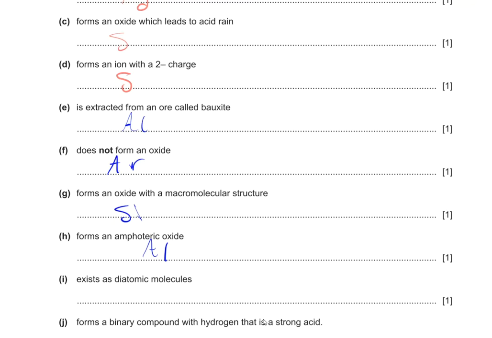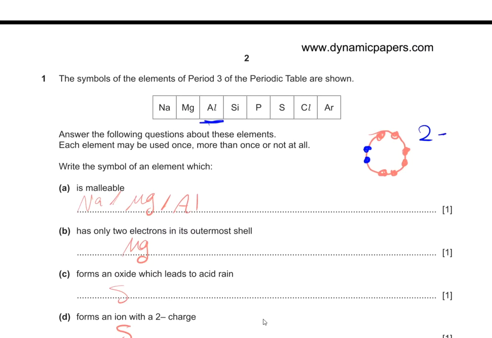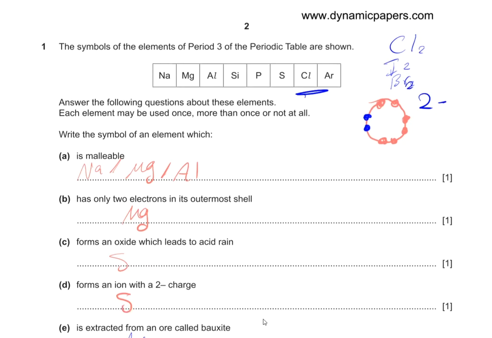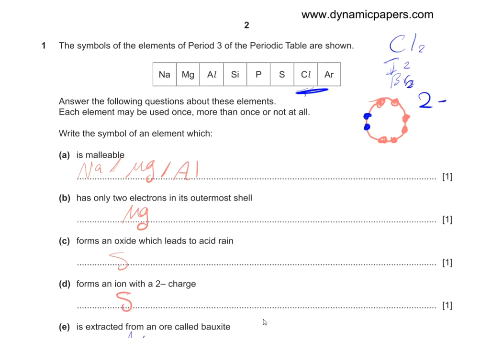Exists as diatomic molecules. That's chlorine, because it's in group 7, which forms Cl2, I2, Br2. All these are diatomic molecules, so it's Cl here.